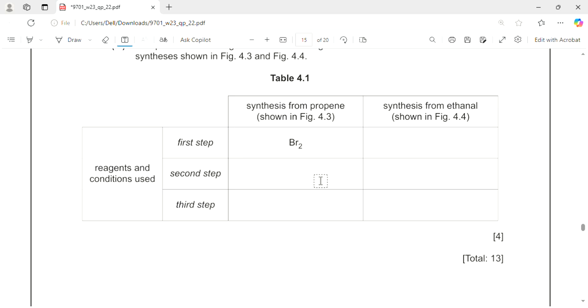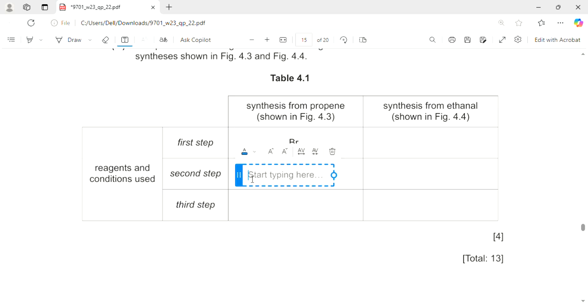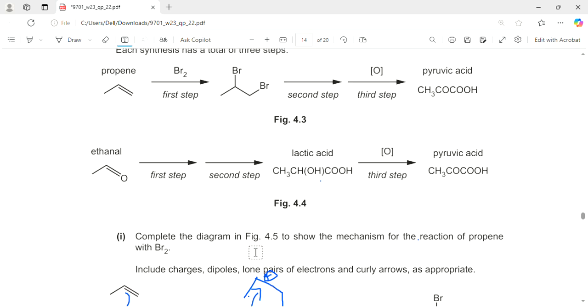I think it should be the second step and the third step for the propene. First, we look at this step.